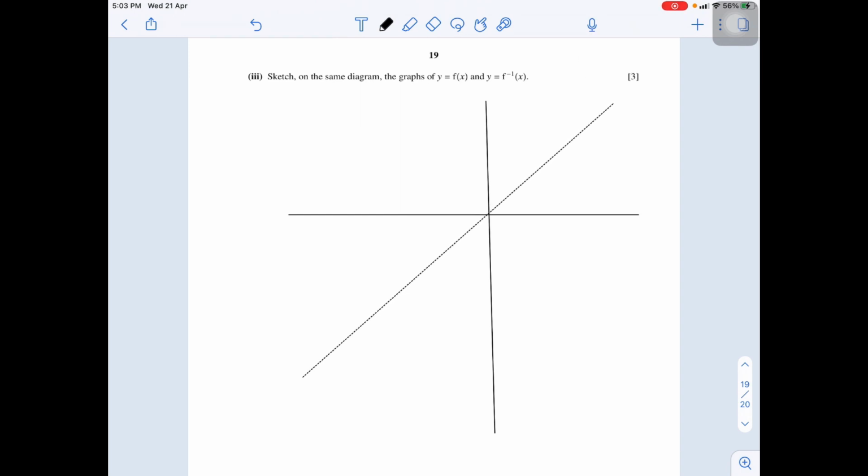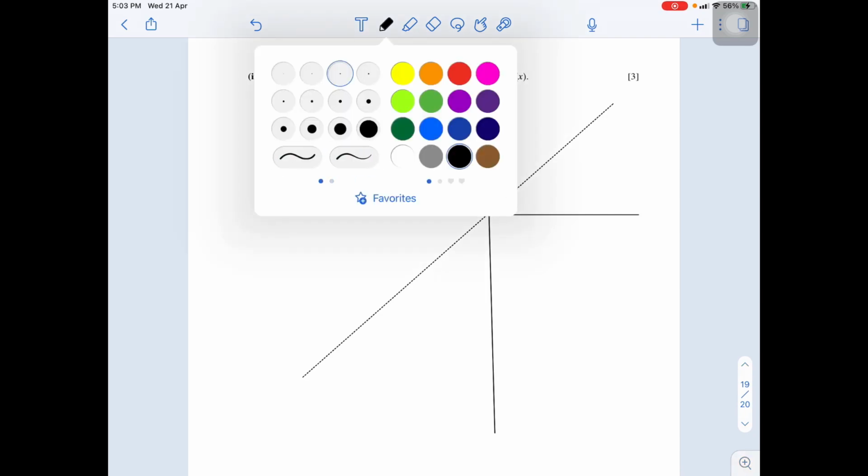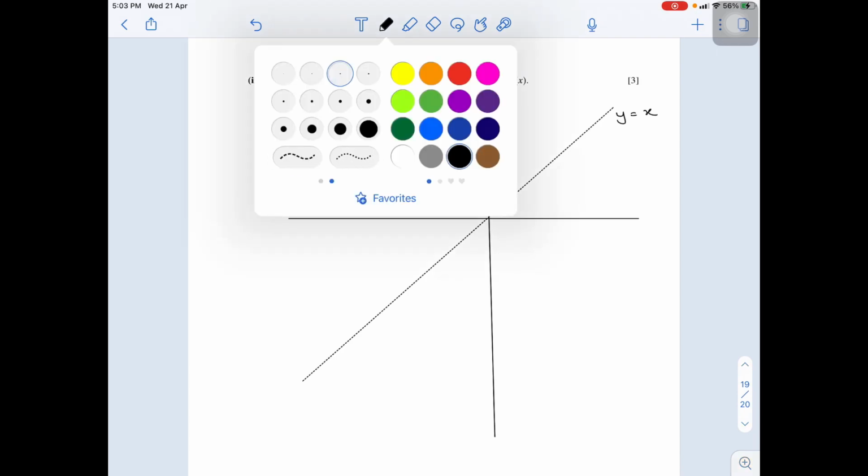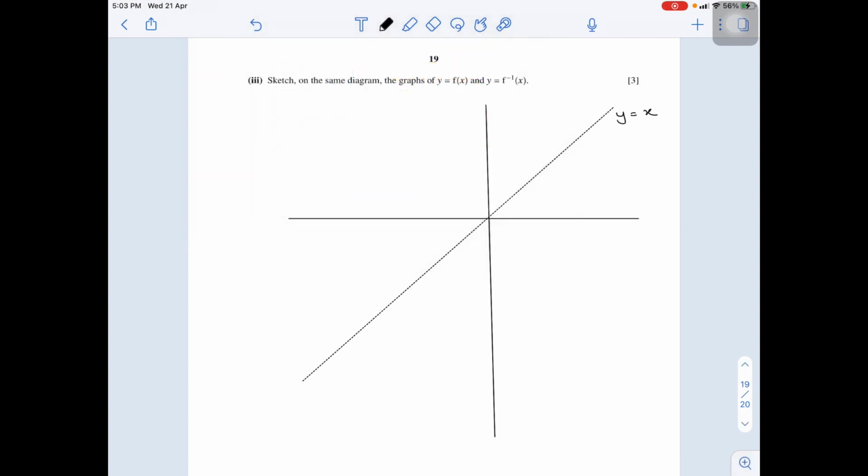Why am I drawing the line y equals x? Because f(x) and f inverse x are reflections of each other in the line y equals x. That's why I'm drawing the line y equals x.